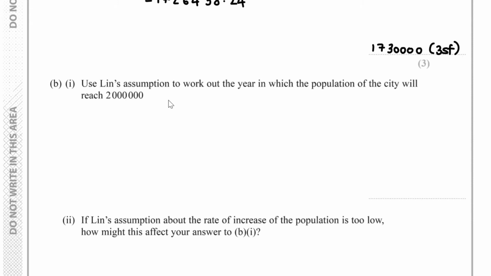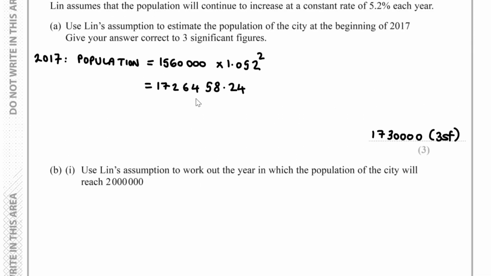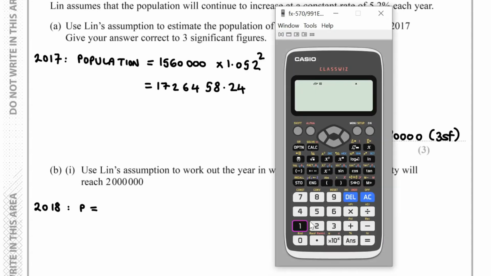So we know in 2017 this is the population, so that's still less than the 2 million here. So let's see what's happening in 2018. For 2018, the population is equal to, well, here we've got 1560000 times 1.052 to the power of 3 this time, because we're going from 2015 to 2018.